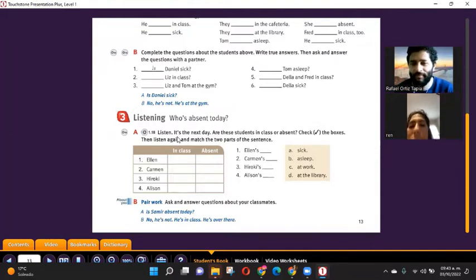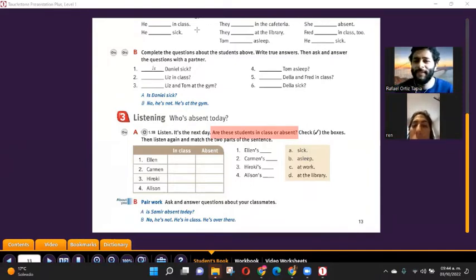Check the budget. Then listen again and match the two parts of the sentence. Okay. Would you mind repeating only this part? Are these students in class or absent?